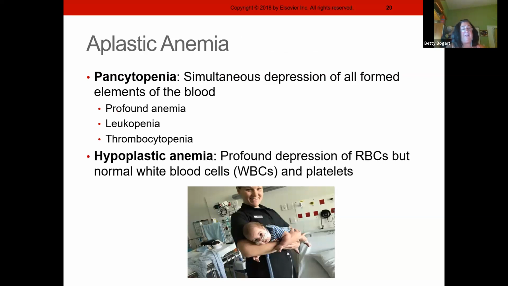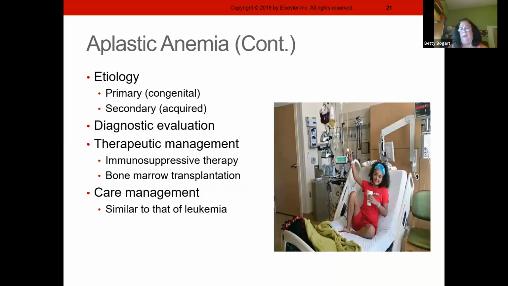So aplastic anemia. Now, when we talk about it, it's profound anemia, leukopenia, thrombocytopenia. Well, what does that mean? Hemoglobin, hematocrit, white cells, and platelets are all low. All of those are low. And that's usually what we see with aplastic anemia. So all components of the blood that you really look at are really low.